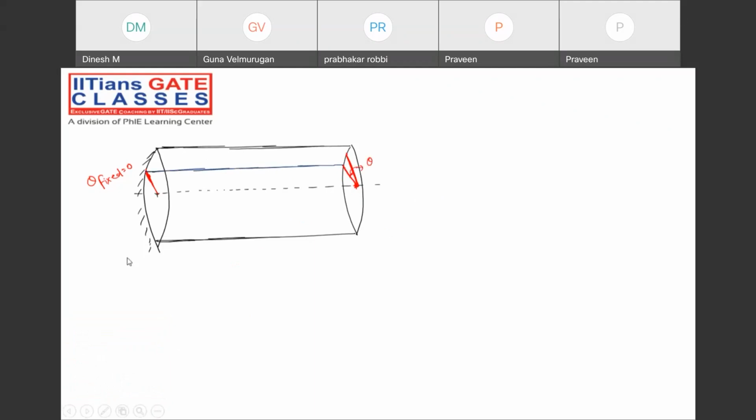Now, let me draw the figure. The things will be clarified. What actually I want to say is that with this figure, it will be clarified.